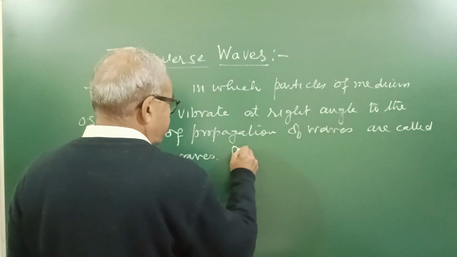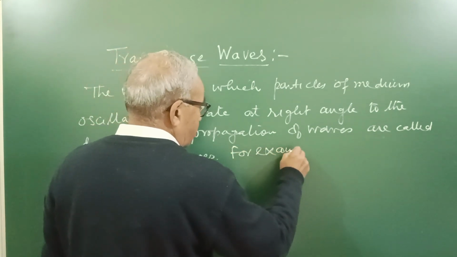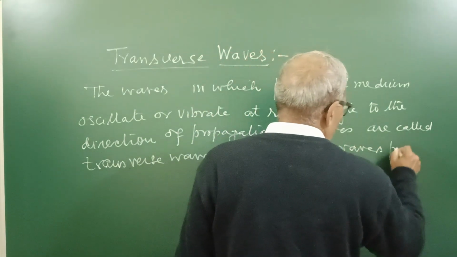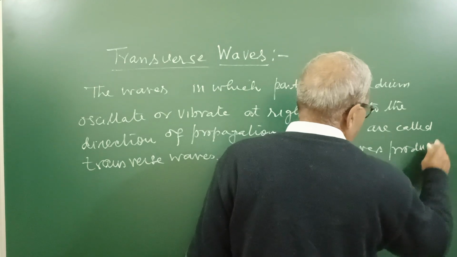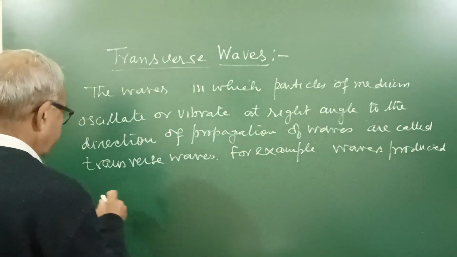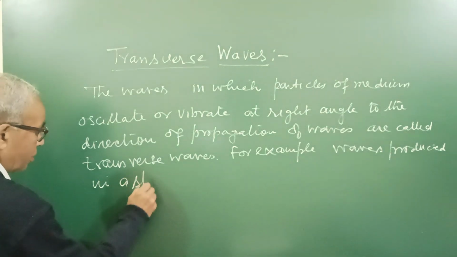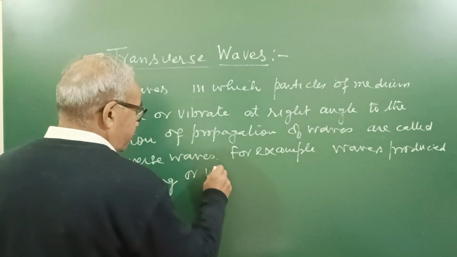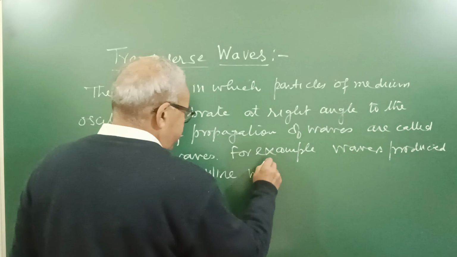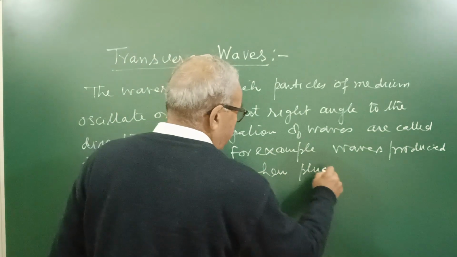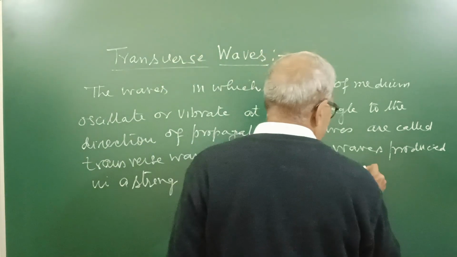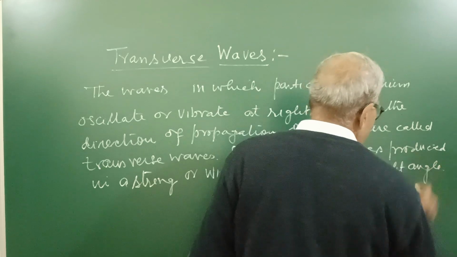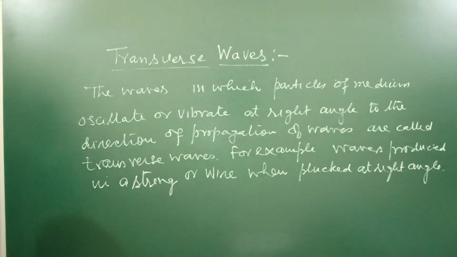For example, a wave produced in a string or wire when plucked at right angle is a transverse wave.